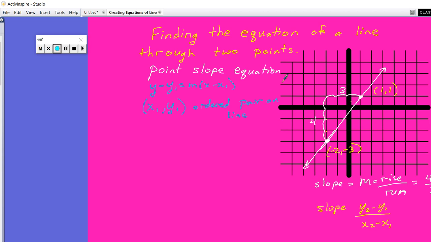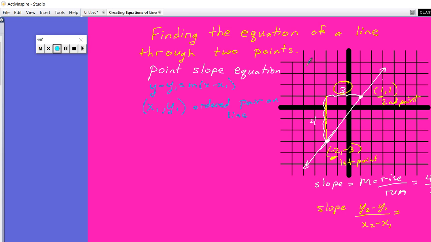My y goes from -3 to 1, so the difference was 4. My x goes from -2 to 1, so the difference was 3. So I'm going to call this my first point, and this is my second point.